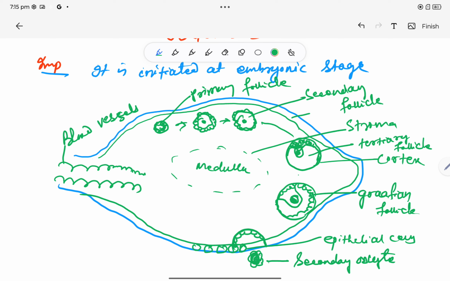Okay. Then the remnant of the tissues of the Graafian follicle, the remaining part, forms a structure called the corpus luteum. Now keep this diagram in your mind.